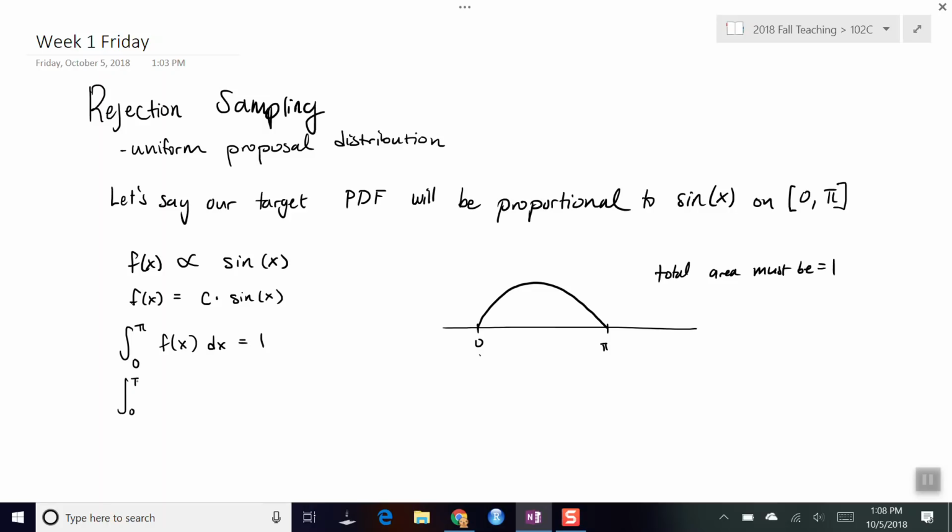So the integral from 0 to pi of c times sine of x is going to be equal to, the integral of sine is negative cosine, so we've got negative c times cosine of x evaluated from 0 to pi.